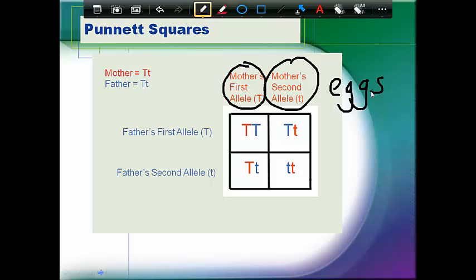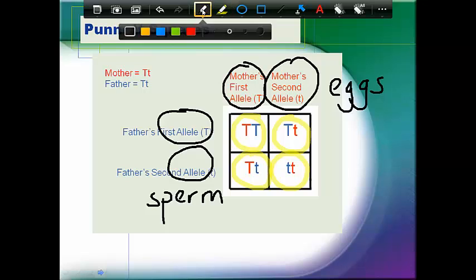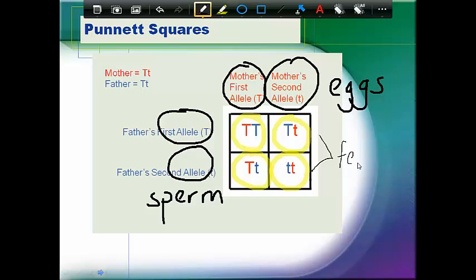And from the father, these alleles represent the sperm, right? Because they are what's carrying the chromosomes. And when we fill in these boxes, each of these boxes represents one egg and one sperm coming together. So that must mean that these are fertilization.